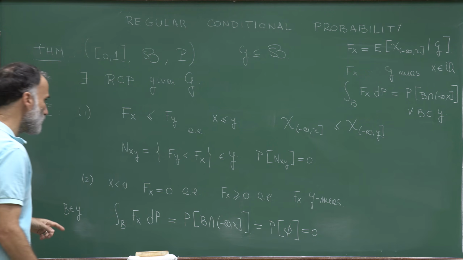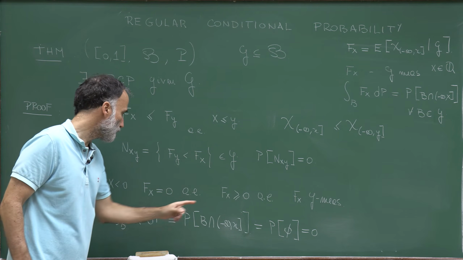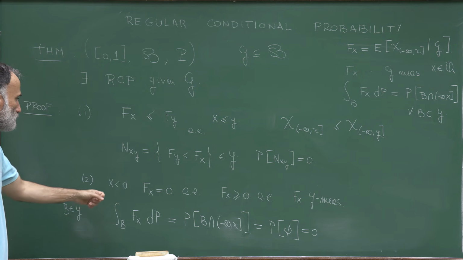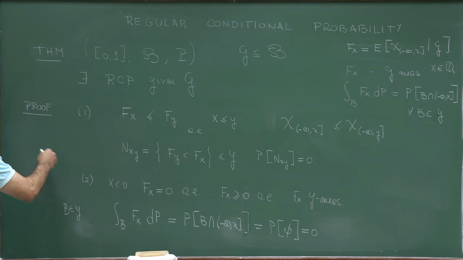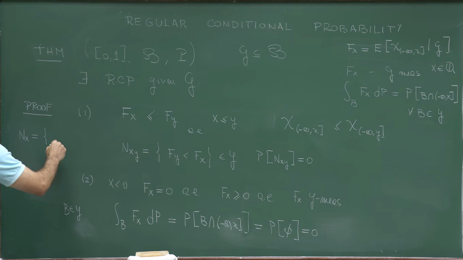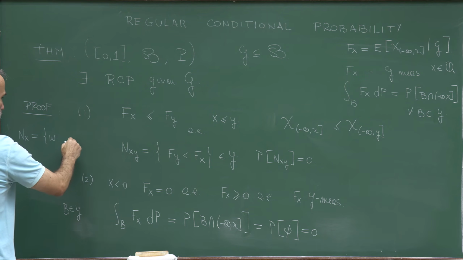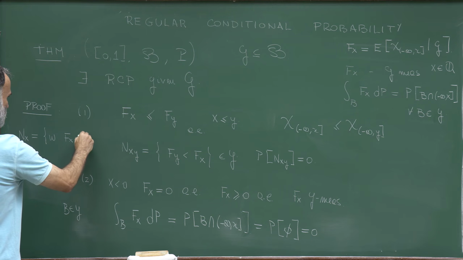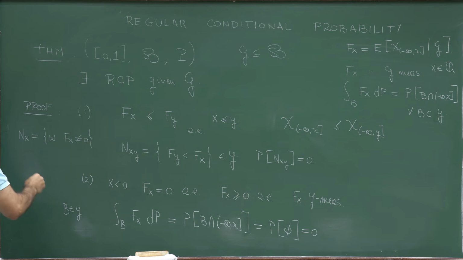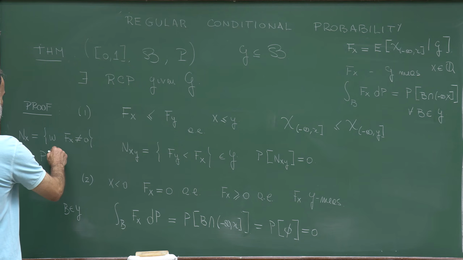We know also that f_x is equal to 0 almost everywhere for x smaller than 0. So let me call N_x the set of omegas such that f_x is different from 0. What we proved is that if x is less than 0 and a rational number, then N_x is a set in G because f_x is G measurable, and the probability of N_x is equal to 0.